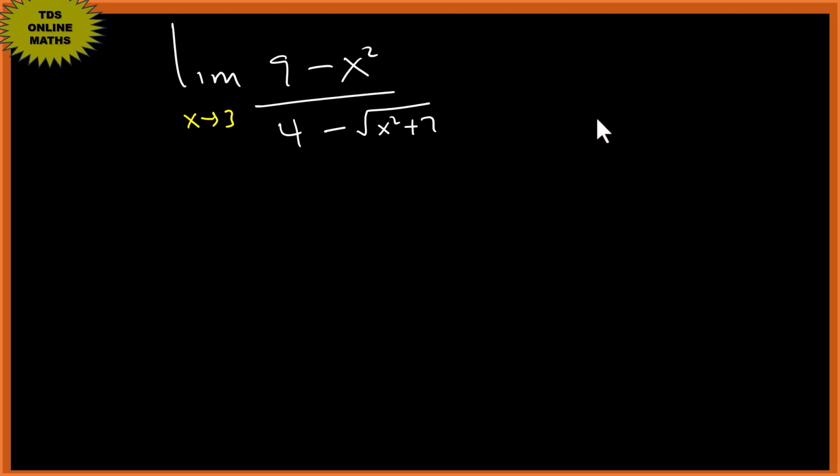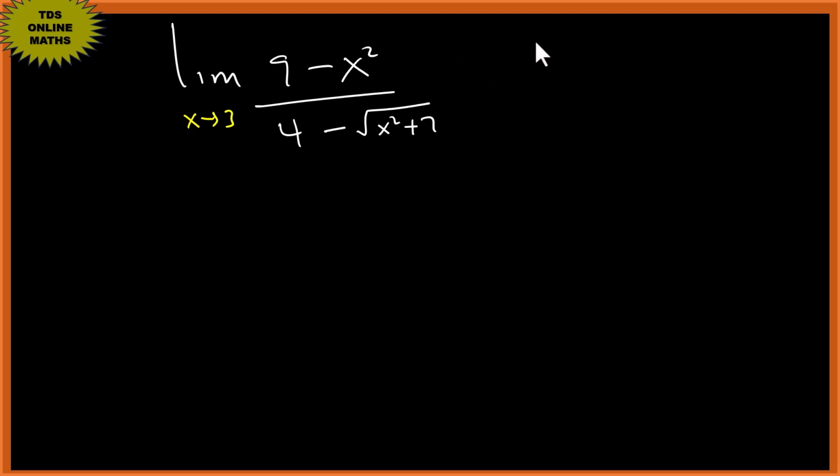All right, let's evaluate this. Now if I plug in 3 here, it will be 9 plus 7, which is 16, whose root is 4. So 4 minus 4 is 0. Then if I do the same to this side, x squared will be 9, which will make this one go to 0 over 0.